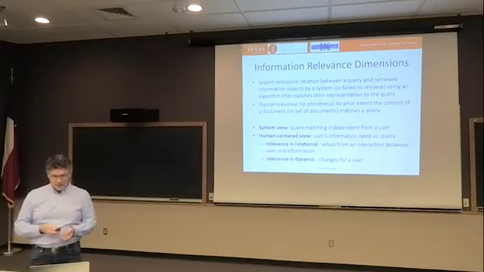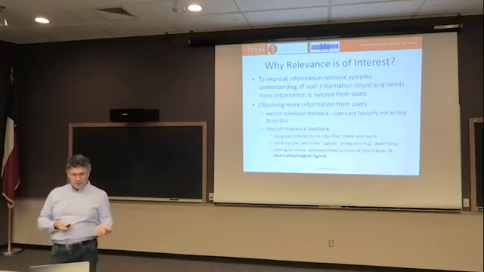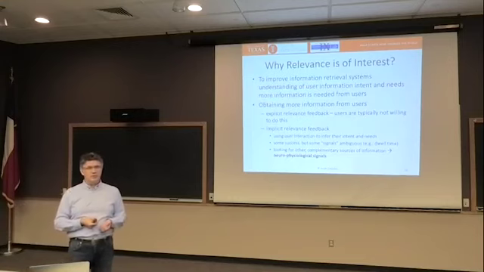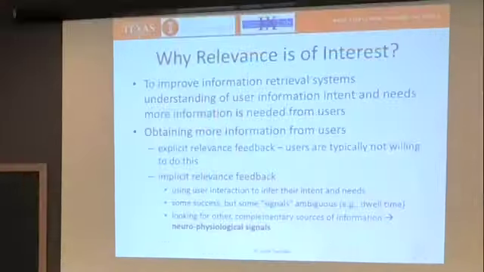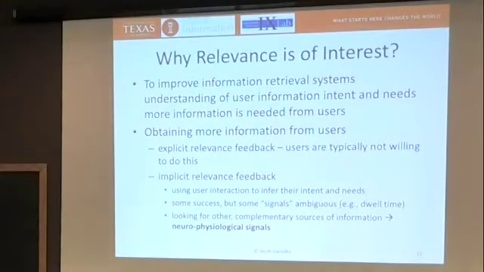Why is it of interest? If we want to improve information retrieval systems, we would like to better understand users' search intents and their needs. And how can we obtain more information from users?